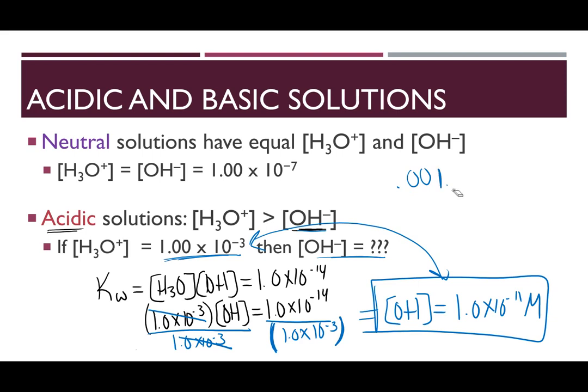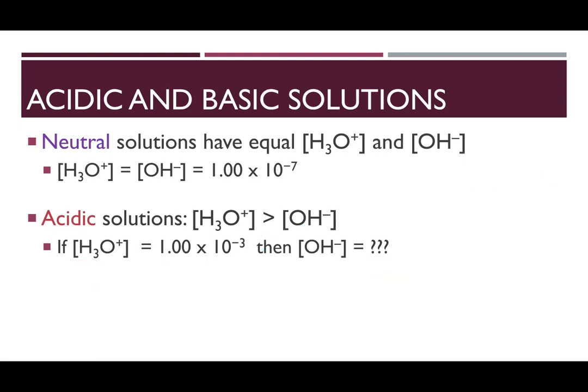Like this, okay? 1 times 10 to the negative 11 looks like this. Okay. So this is a bigger number than that, but the exponents sometimes get students all backwards.